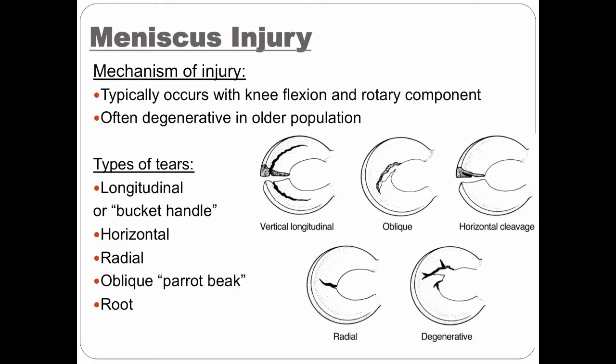So meniscus injury typically occurs when the knee is flexed and rotated in a closed chain situation. But in older people, once you probably get 50 and above, it can occur in a degenerative situation. I've had a lot of people tell me, I was just kneeling down and I stood up and wham, my meniscus tears.